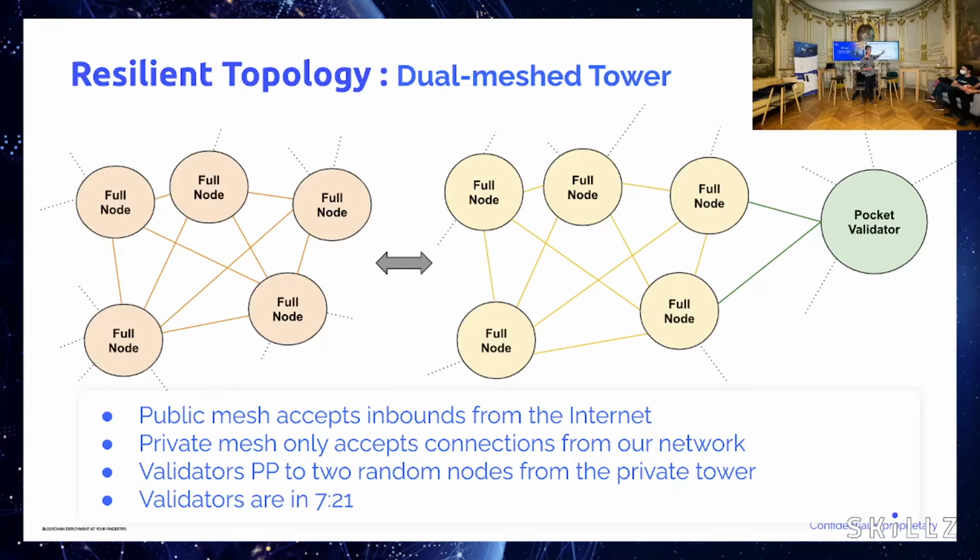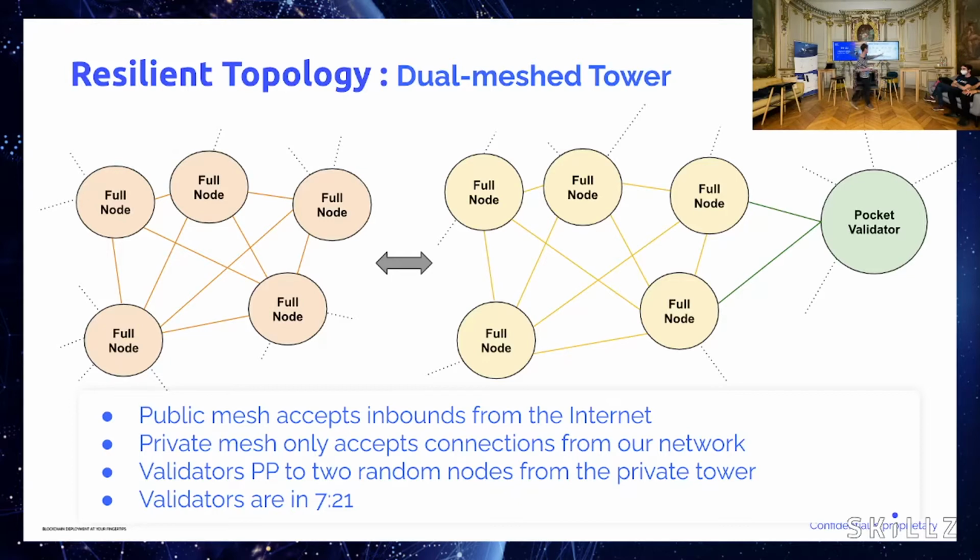This one does not have access to the internet. It's only an internal tower to which only our validators can connect. So this one is set in open bar mode, where it accepts any connection, but we trust all of those connections because it's a private network. That way, we are able to start hundreds of validators without having to change the configuration of any of the static parts of our topology.